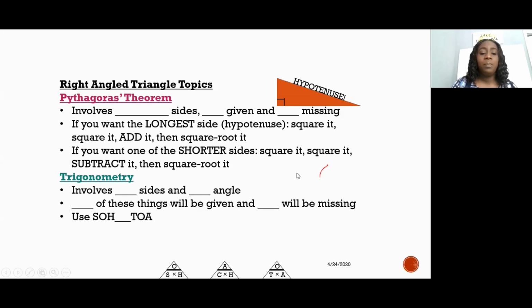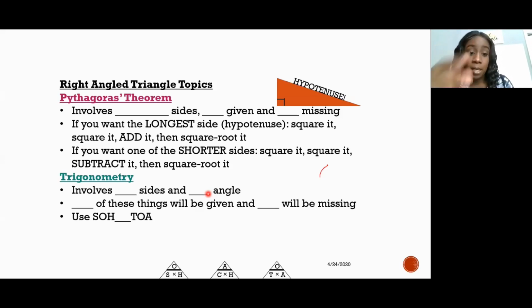Trigonometry involves blank sides. Tell me how many sides first. Good. 2 sides. And how many angles? All right. So let me tell you what happens. You need 2 sides because the ratio would say O over H, A over H, or O over A. So that's your 2 sides.